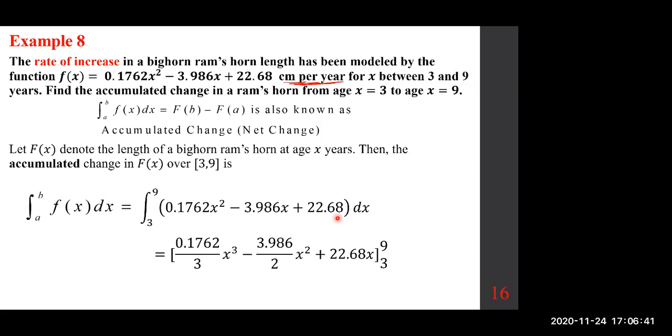And believe me, I don't want to do that, but you get the picture. So plug in number 9 using a calculator, and then plug in number 3 using a calculator, and their difference is the answer. In centimeters, the units are extremely important to remember. Centimeters per year was the units of rate, so this becomes centimeters.